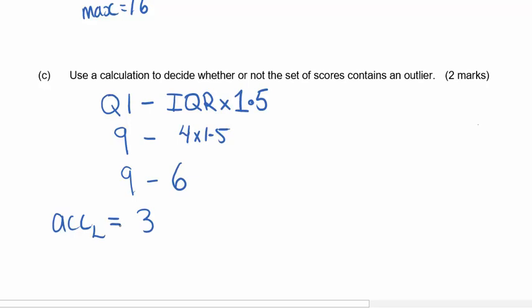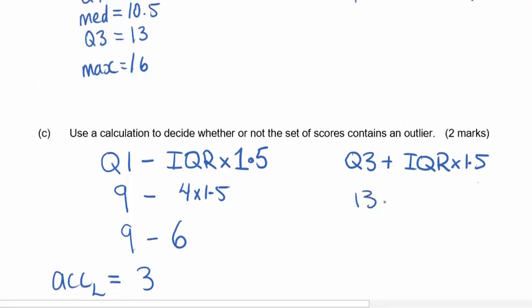So our lowest acceptable is 3. And then our highest acceptable number is the same. And so then our highest acceptable number is our third quartile plus that same value. So I don't have to go through and calculate it again. We can go straight to Q3 was 13 plus our 6 here.